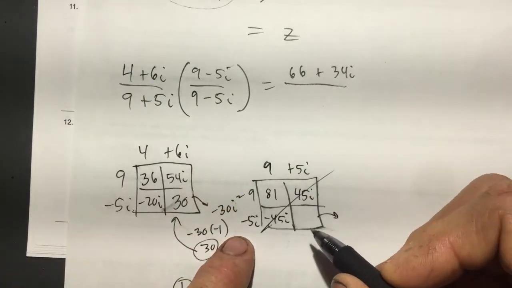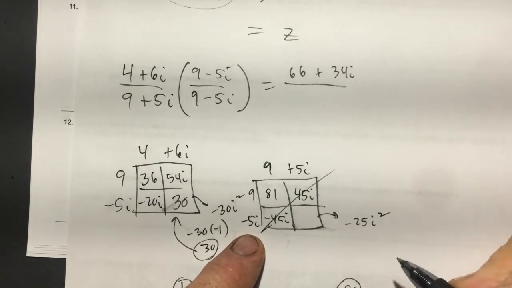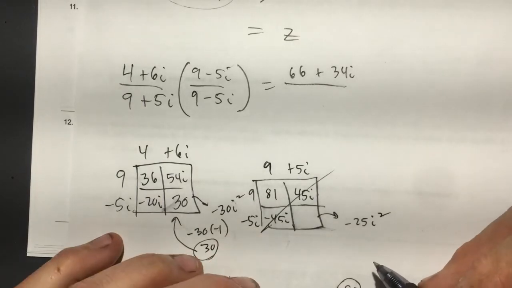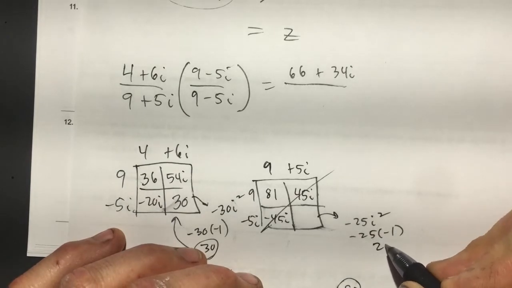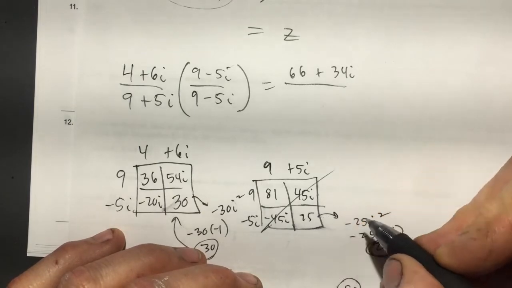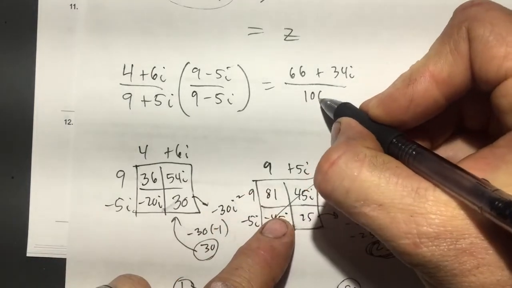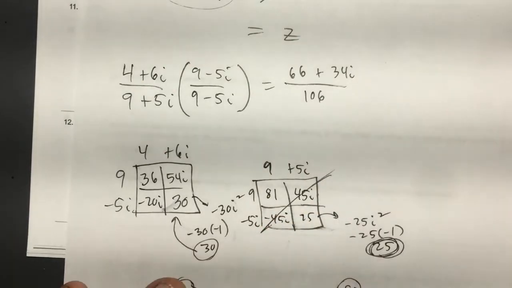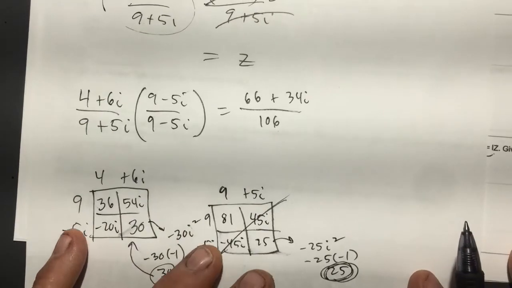And in this square here, 5 times negative 5 is negative 25, and I got an i squared. Well, i squared is negative 1, so that's a positive 25. So I've got 81 plus 25, which is 106. Those canceled, so there you go. There's my answer there, but now we got to split them up.